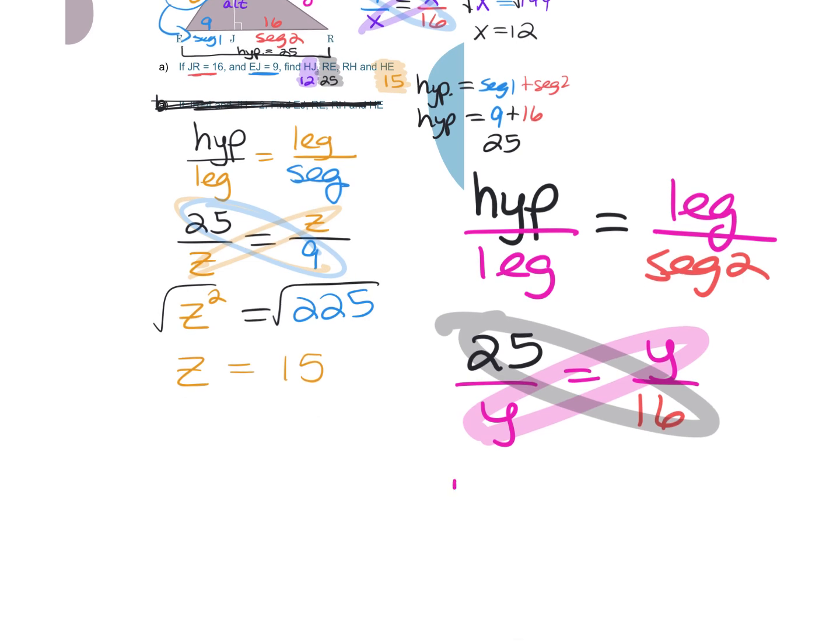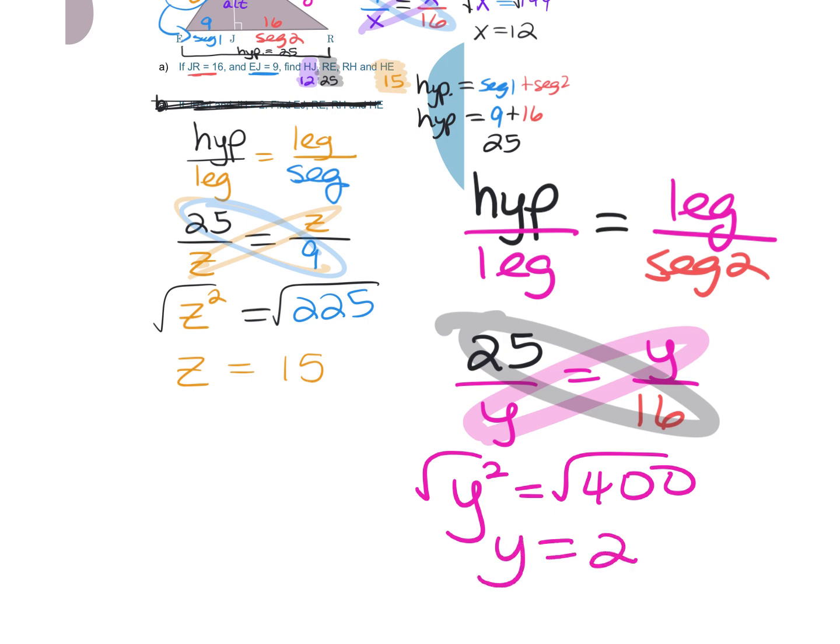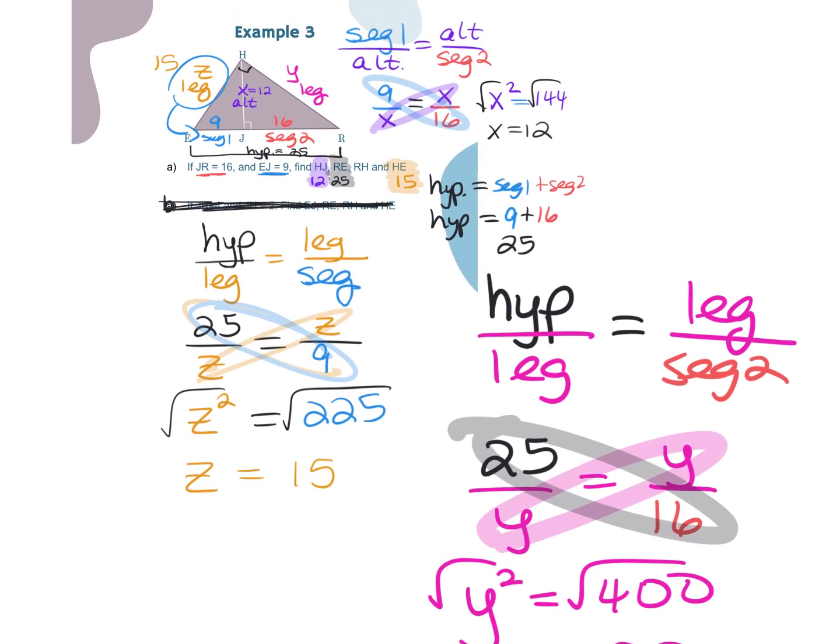So y squared equals 25 times 16, and that's going to give me 400. Square root both sides, and this leg is 20, which was also RH. So RH is 20, and you could put the 20 up here as well.